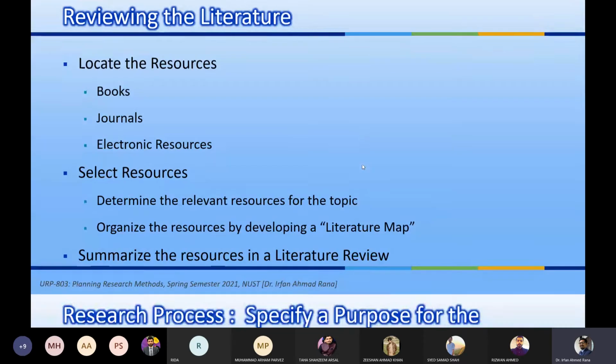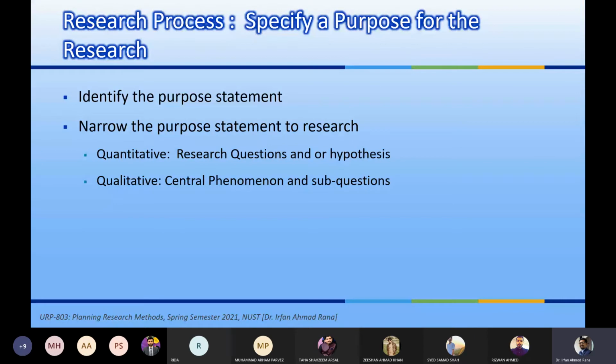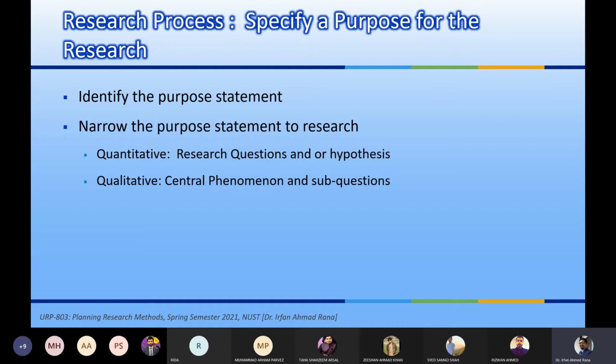Okay, we've talked about summarizing. Then there is your purpose statement, also sometimes called objectives. What sort of purpose are you going to be using? For example, are you defining a research question or a hypothesis that can be quantitatively analyzed? For example, I'm hypothesizing that Islamabad and Lahore are different with respect to socio-economic conditions.